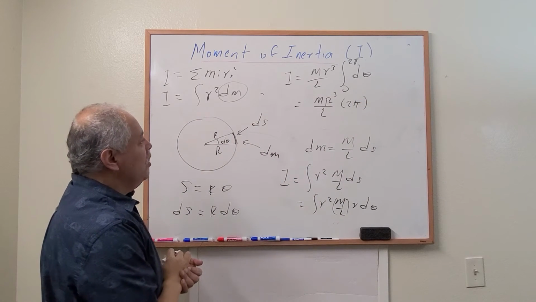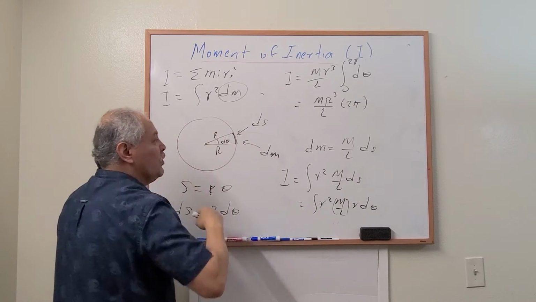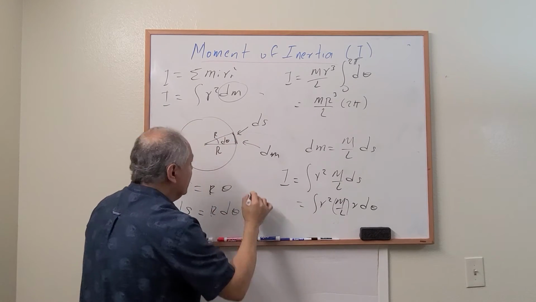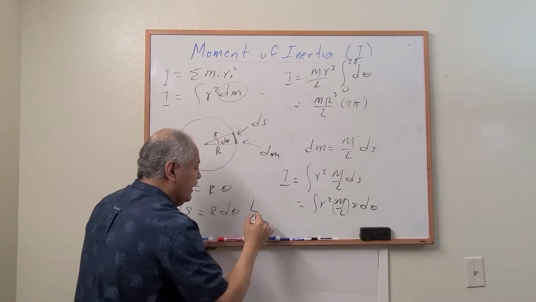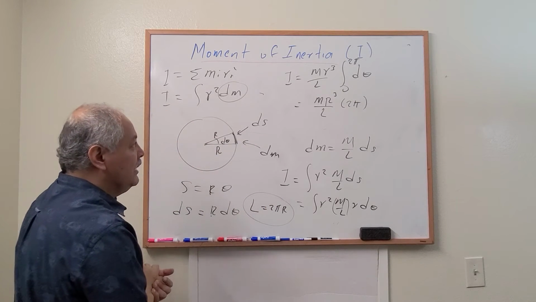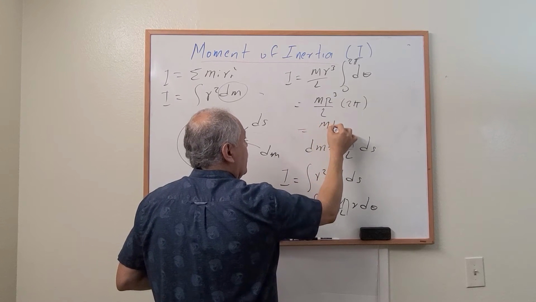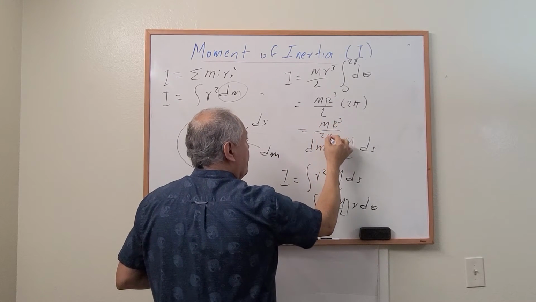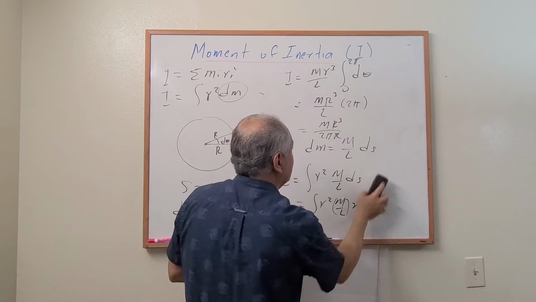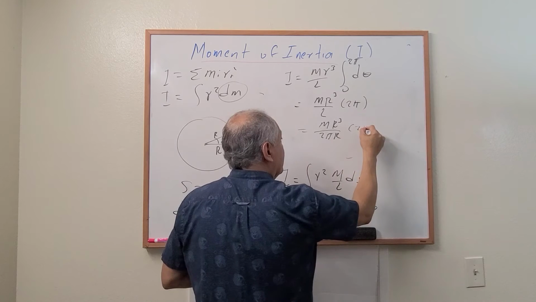Now, what is L? What is the total length? The total length of this ring is equal to 2 pi r. When we substitute this value, we have m r cubed over 2 pi r, times 2 pi.